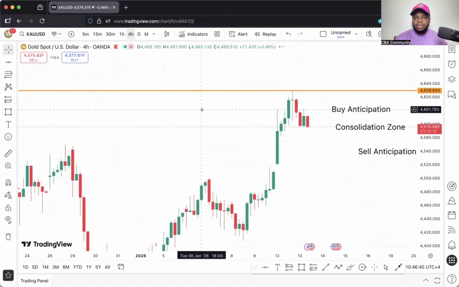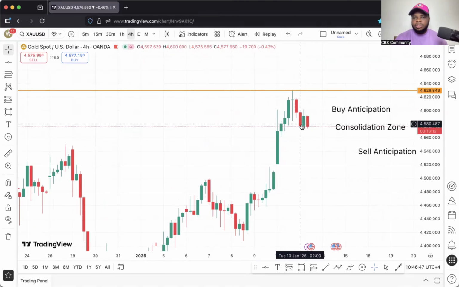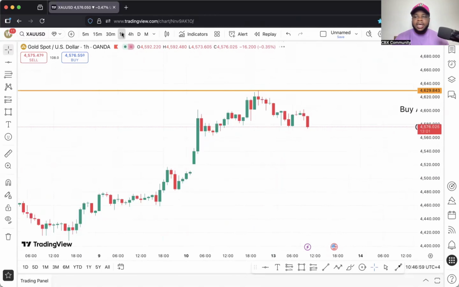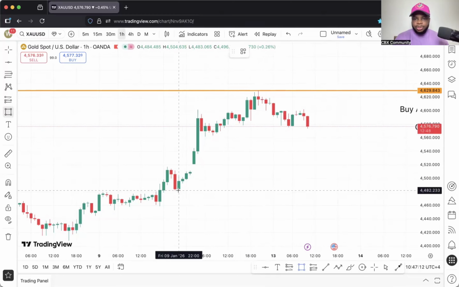Like the H1, this formation of candles, let's say it's 4 or 5 candles, so it's very hard for us to identify this zone as our consolidation zone. But in H1, as you can see, we have a clear understanding of what the market structure is saying. So we have a resistance zone over here and we have a support zone over here. We have a support zone over here.